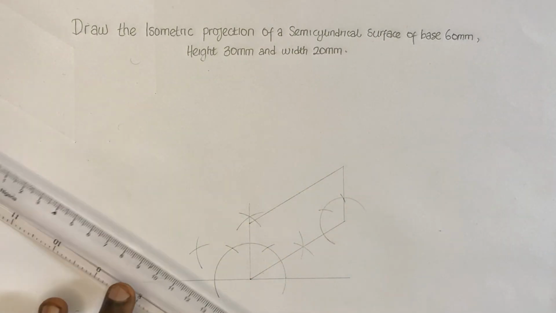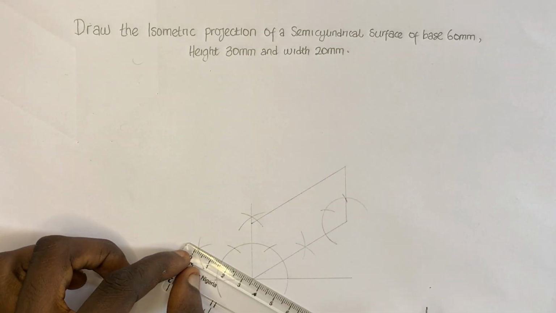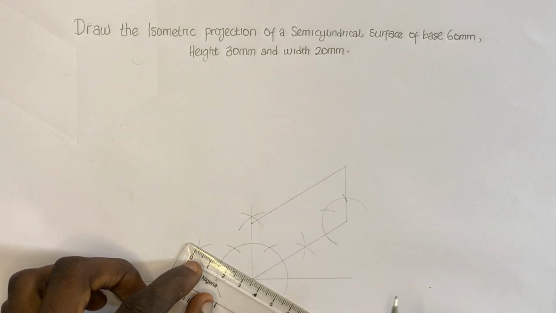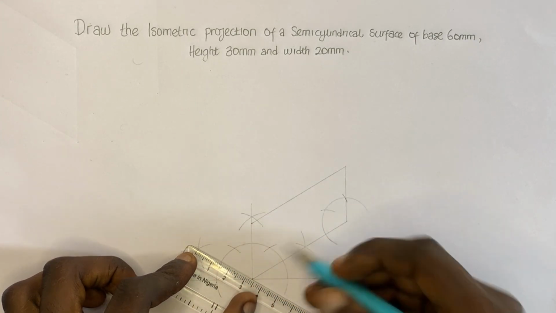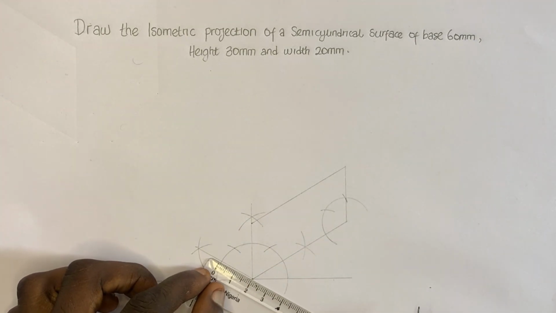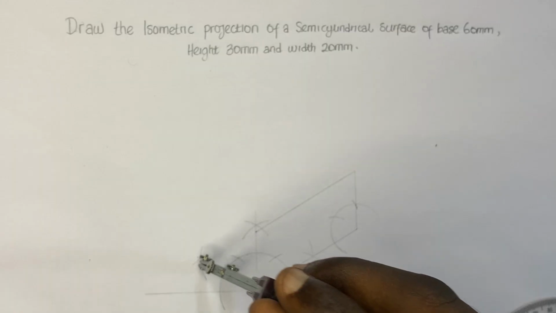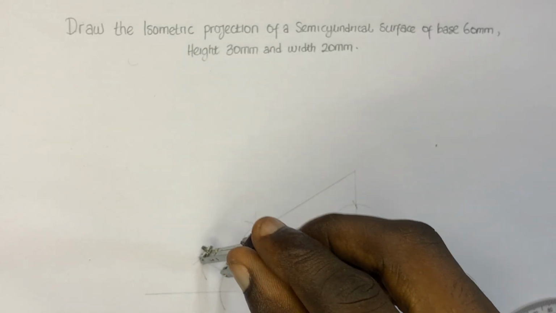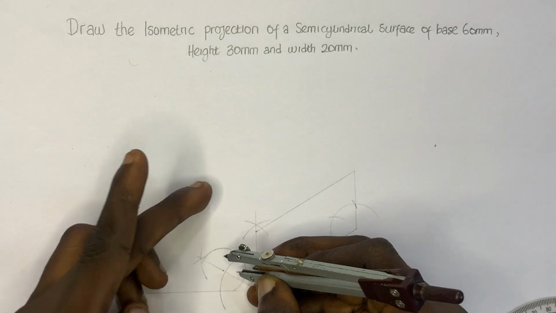Okay, now since they have given us width, let's also draw our width to the left hand side. That will be 20 millimeters. We mark off our 20 millimeters here. Okay, so at this point, we'll construct 120 degrees to make the vertical line straight upwards.